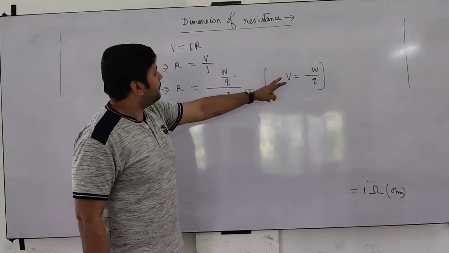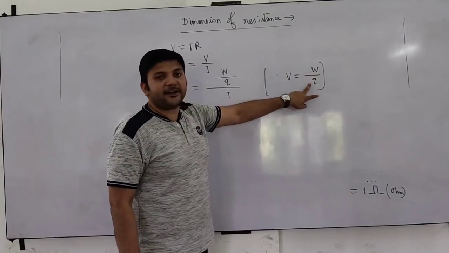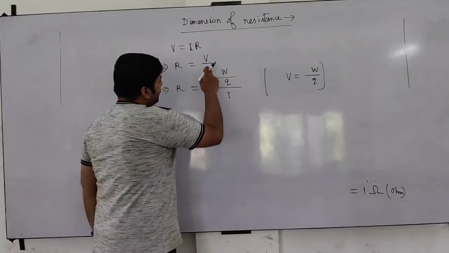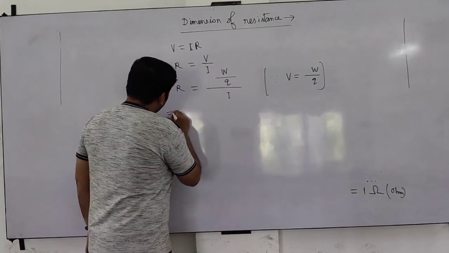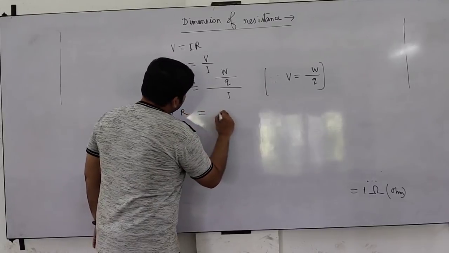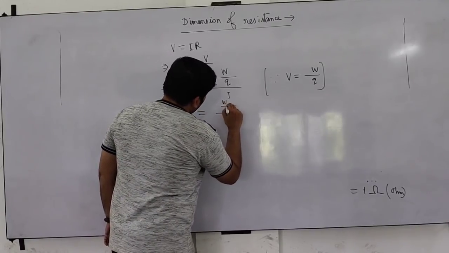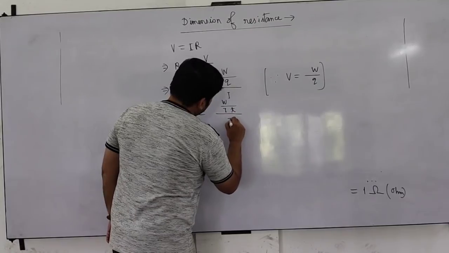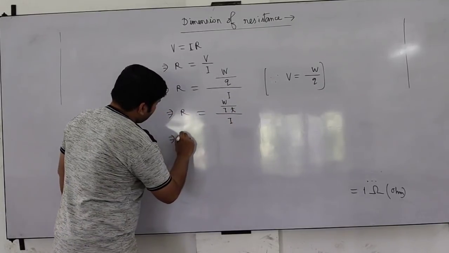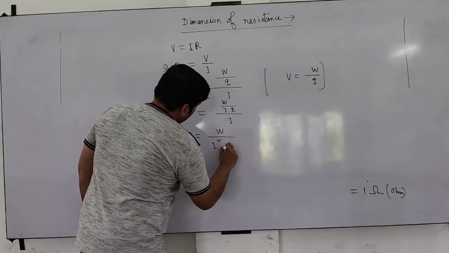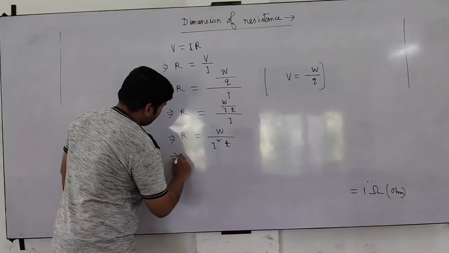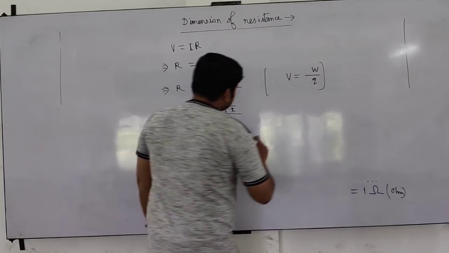All of you know potential difference is equal to work done per unit charge. So we can write V is equal to W by Q, implies R is equal to W by QI, and Q is equal to IT, so R is equal to W by I square T.